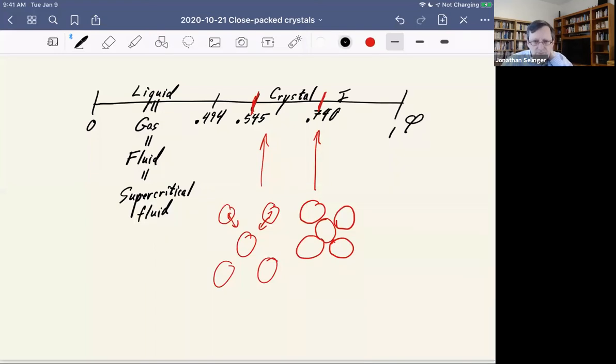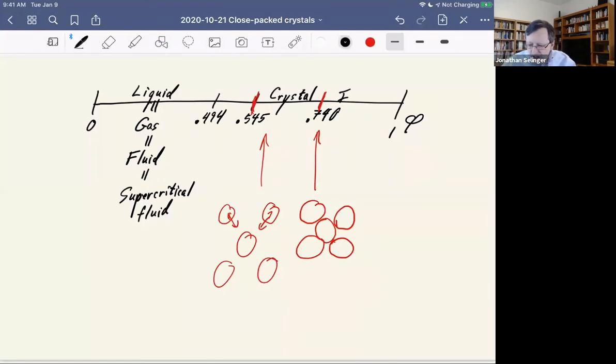So there will be no change in packing fraction. Density is almost the same. Yeah, let's not talk about ice just now. I'm going to postpone that question for a minute. This is for the specific case of hard spheres, which water molecules are not. Water molecules are a lot more complicated than that.